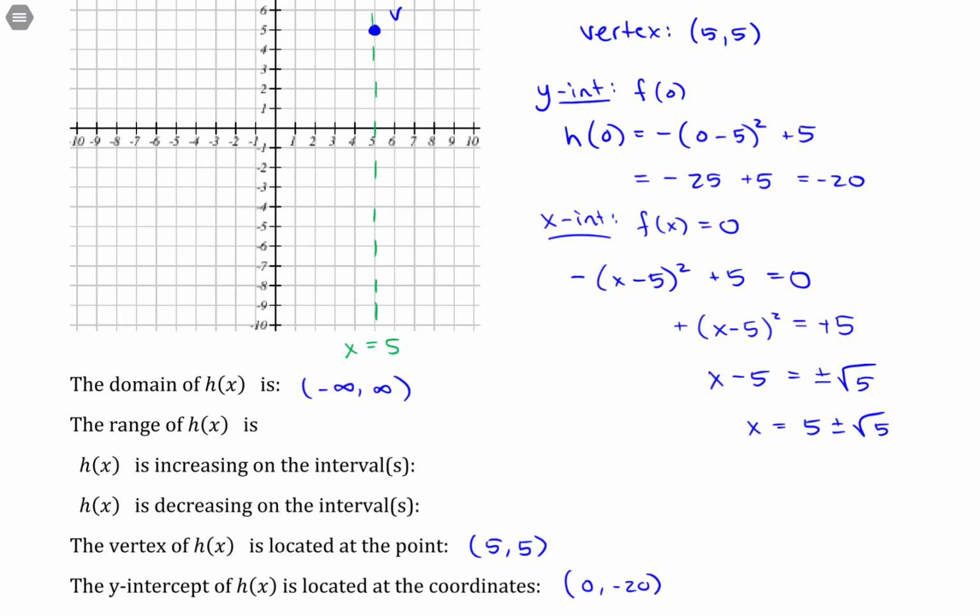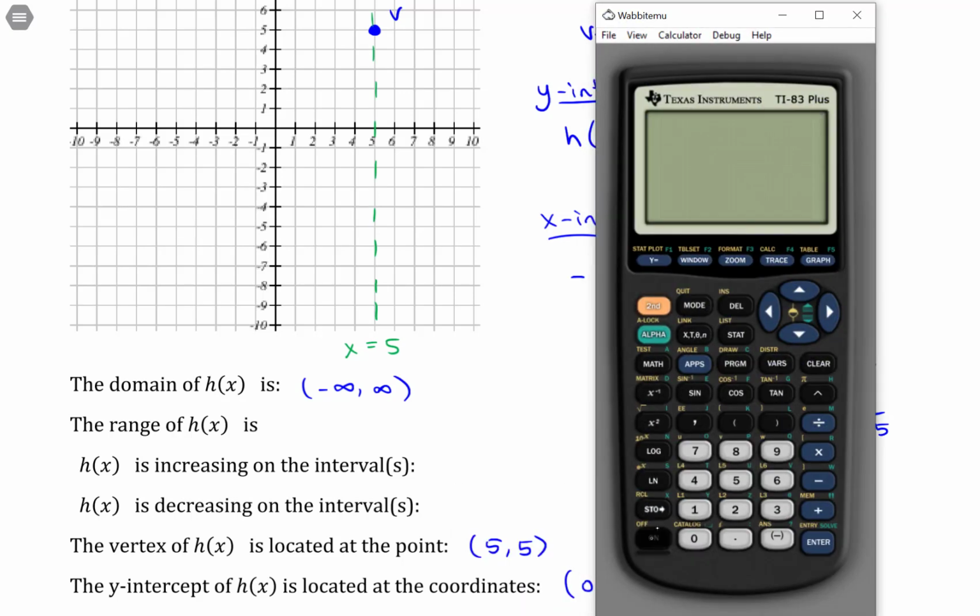Now, where to draw these? That's kind of the trick. The best we can do on our graph is approximate those values by taking 5 plus the square root of 5 and 5 minus the square root of 5, so at about 7.2 and 2.8 on the x-axis.